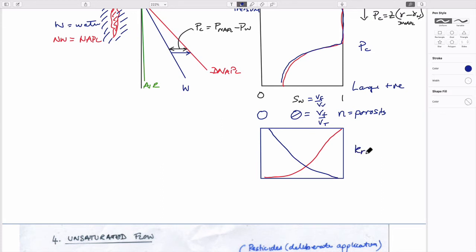So relative permeability versus these same coordinates. And I guess we should make the point that we can think of capillary pressure also in terms of this matrix potential. So capillary pressure divided by unit weight is matrix potential.